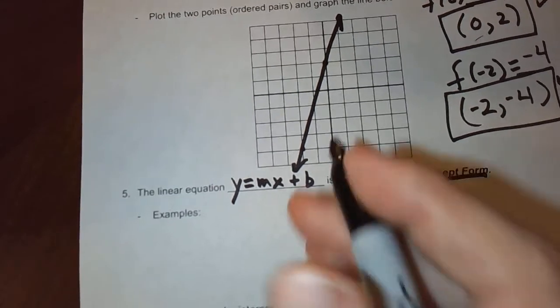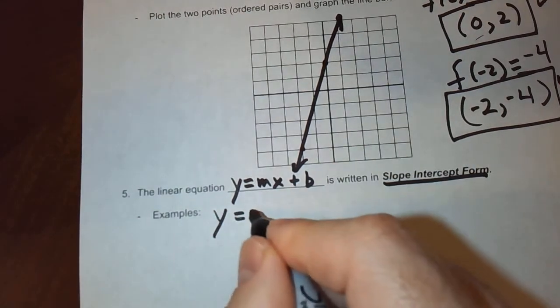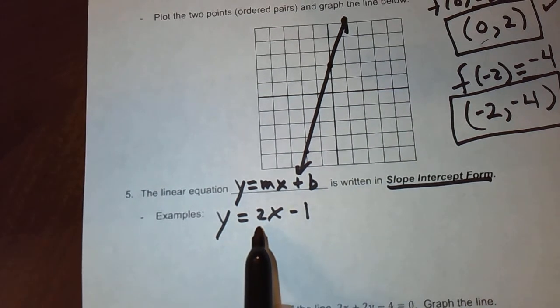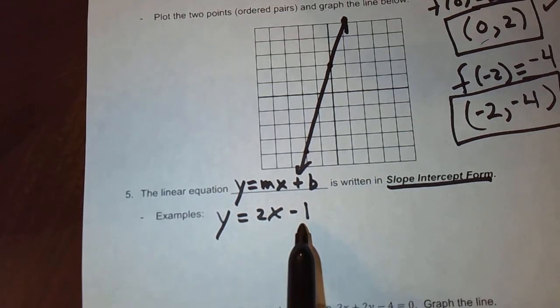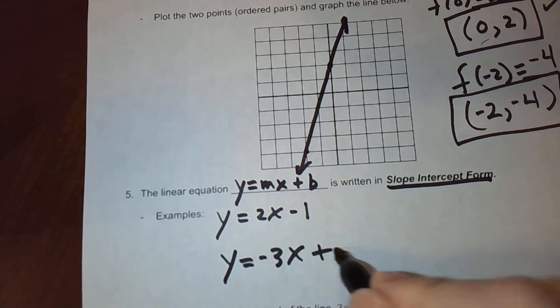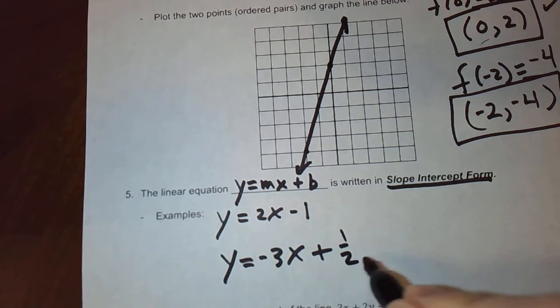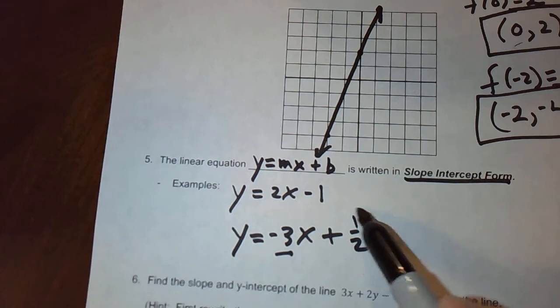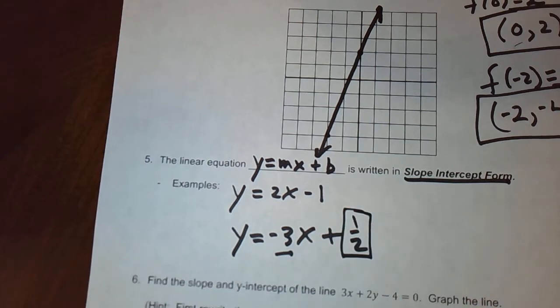So some examples would be y equals 2x minus 1. 2 is the slope. Negative 1 is the y-intercept. Another example would be y equals negative 3x plus 1/2. The slope would be negative 3. The y-intercept would be 1/2.